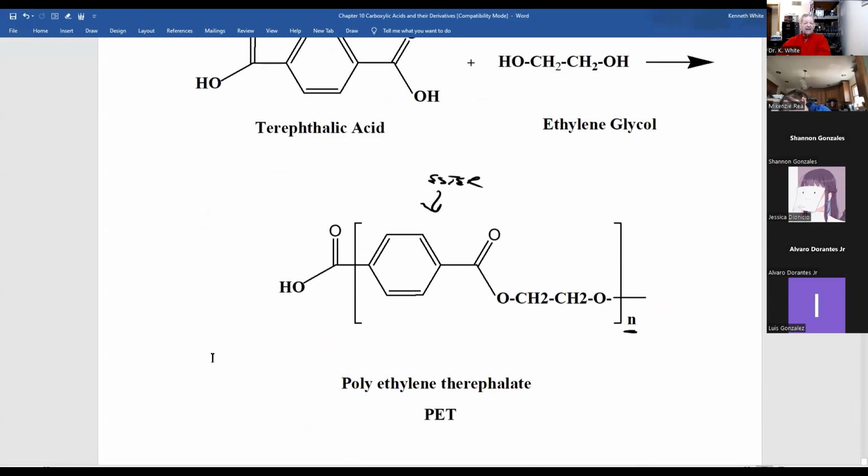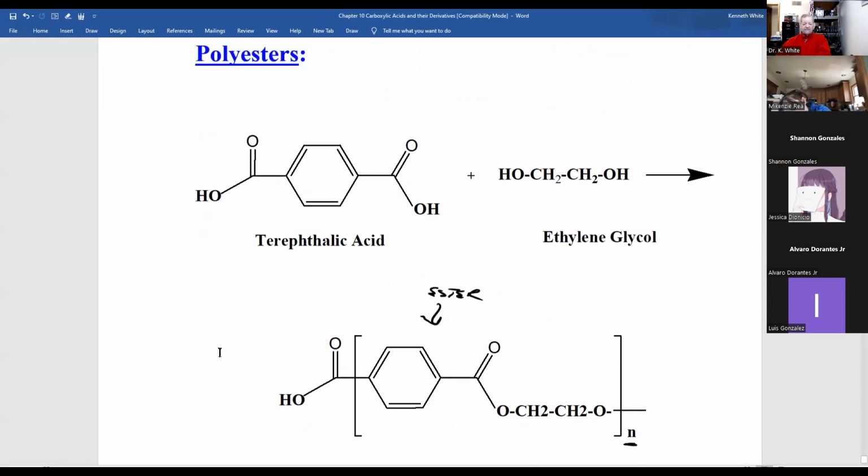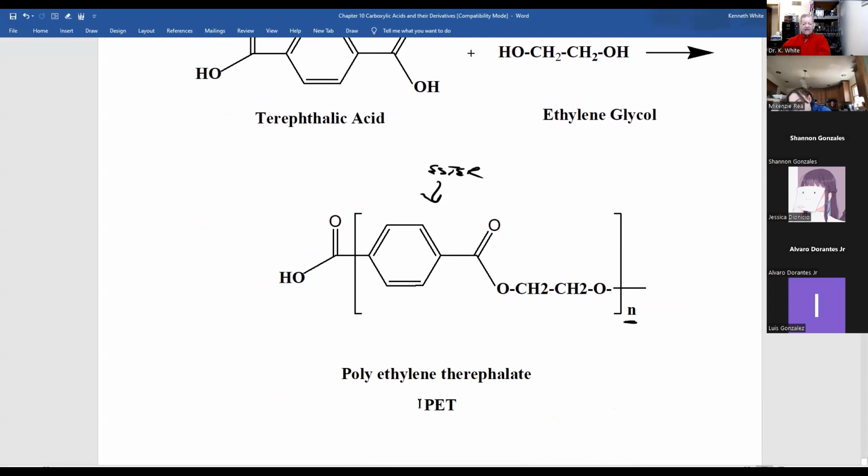Now this compound has a name. It's a common name. Polyethylene terephthalate. Remember, phthalic acid, you drop the ic in acid and add ate for an ester.